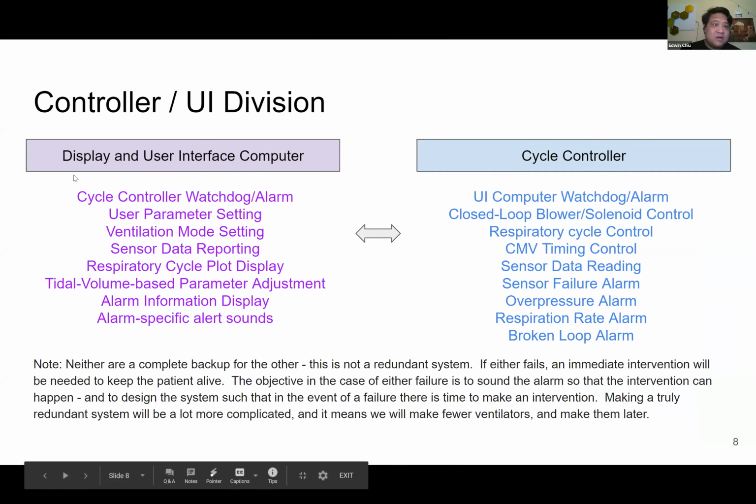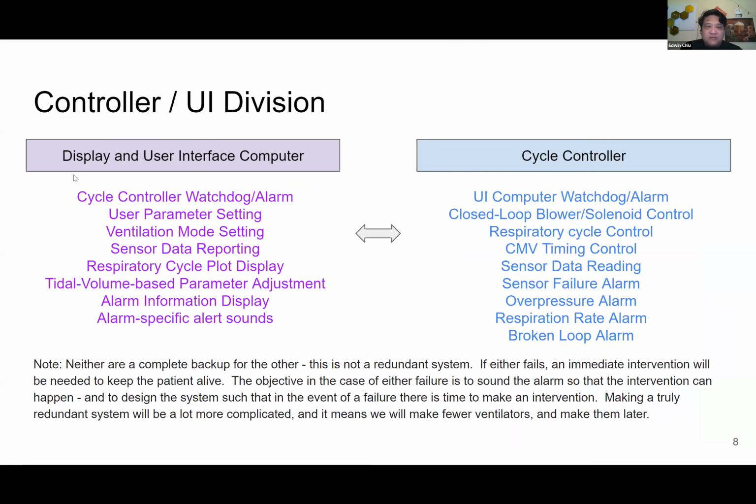Awesome. Thank you. Okay, so as we mentioned before, we've got essentially two electronic controllers on this design, which handle different parts of the operation of the ventilator. The reason for splitting them up is that they operate on different timescales. The cycle controller will control things that are happening immediately in the ventilator, and the UI computer will handle more complex tasks that involve interaction with the user.